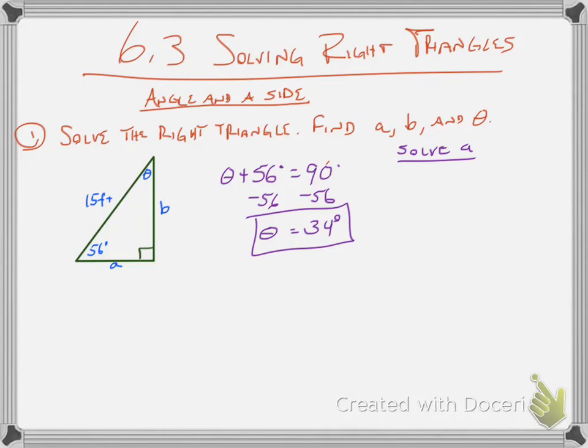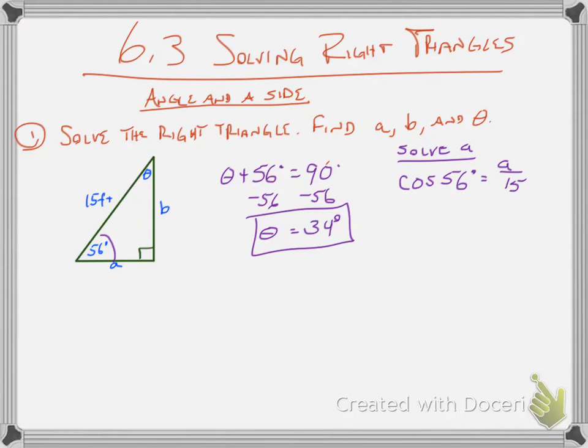To find A, I'm going to use cosine. I have 56, so the cosine of 56 degrees is equal to adjacent over hypotenuse. My adjacent is A, and my hypotenuse is 15.